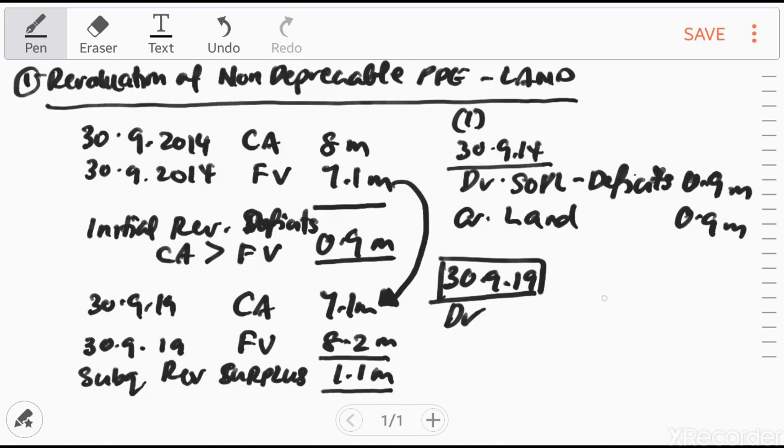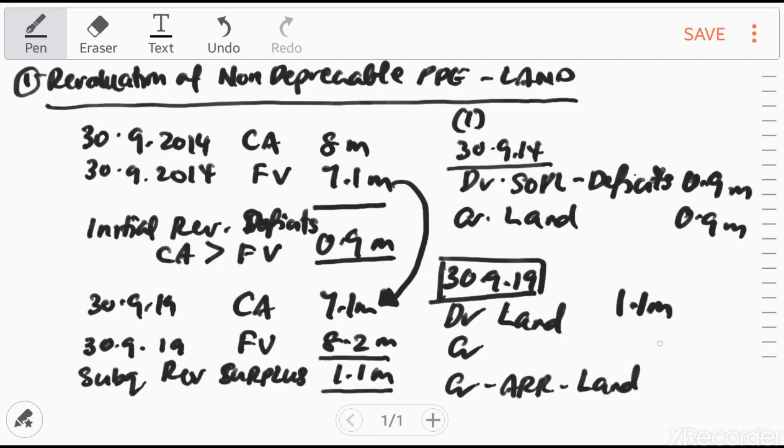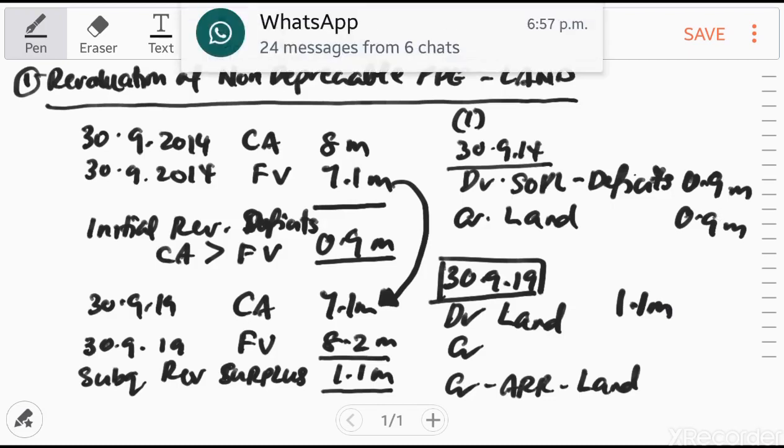But here, since it had a deficit previously, that surplus you are going to debit land, of course. It will be 1.1 million. Before you directly credit ARR, the asset revaluation reserve pertaining to the land, you must first offset the deficit that was incurred in the previous year.